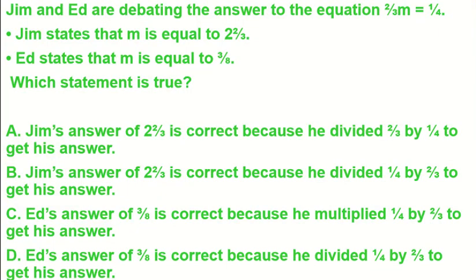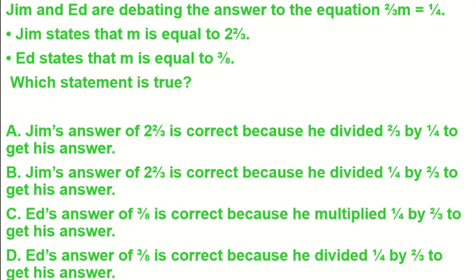Sometimes you get problems that look like this, where they're like very wordy. Jim and Ed are debating the answer to the equation 2/3 m equals 1/4. Jim states that m is equal to 2 2/3. Ed states that m is equal to 3/8.